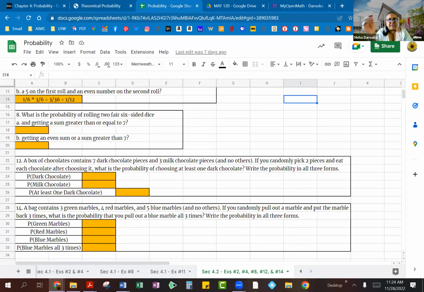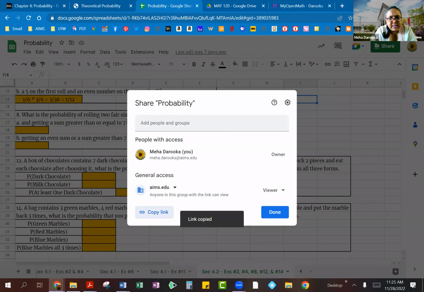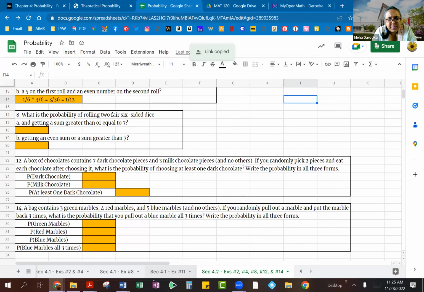We'll come back and forth between that. The first question is asking, what is the probability that you are going to get a sum greater than or equal to 7? And if you guys wanted a link to this document, let me send that through chat to you.